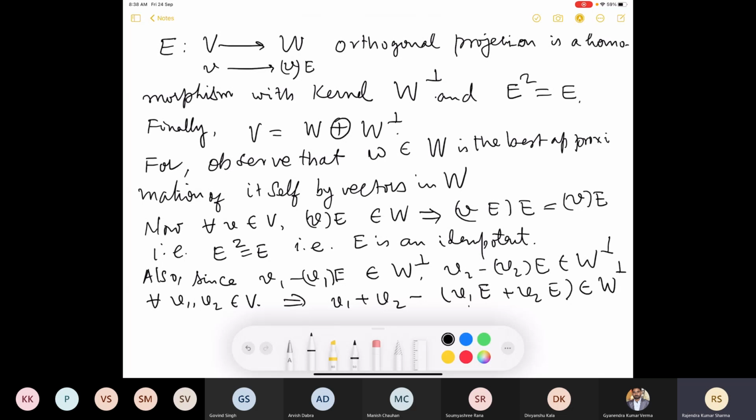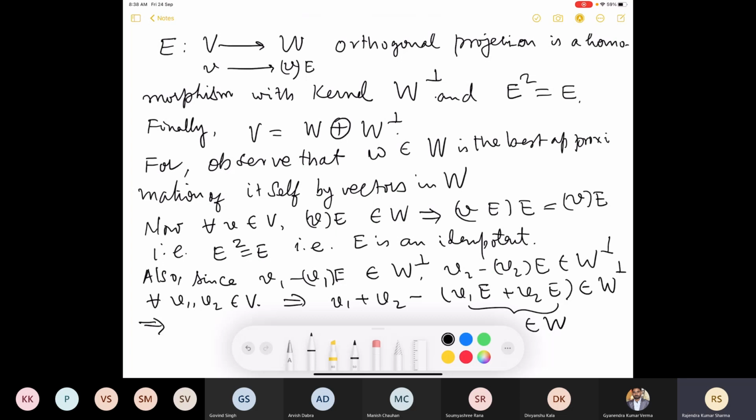But this element here is in W, as the map is from V to W. So that makes the inner product of this with W therefore 0, because this whole linear combination of V1, V2, V1E, V2E is in the orthogonal complement, and therefore this with W must be 0.